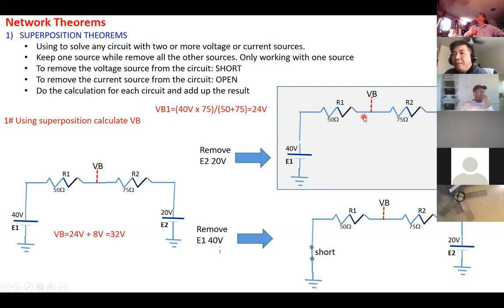Can you tell me what VB1 equals? Better to use the voltage divider. VB here to the right, over 10. So you take E1 times R2, 20, over R1 plus R2. That's how you get 24 volts.